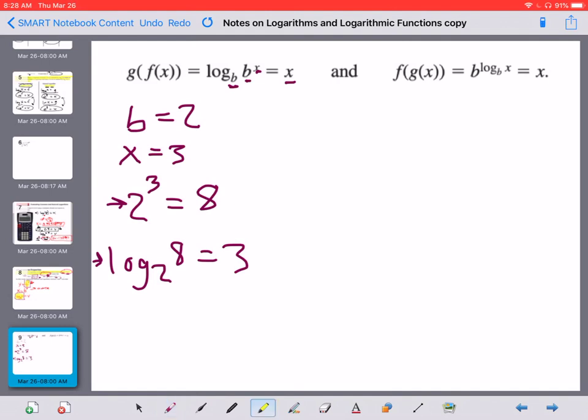I am going to substitute this 8 with 2 to the third power. Why can I do that? Well, 2 to the third power equals 8, right? Doesn't it? It does. So it's going to look a little weird, but log base 2 of 2 to the third power equals 3. Again, all I did was substitute this.